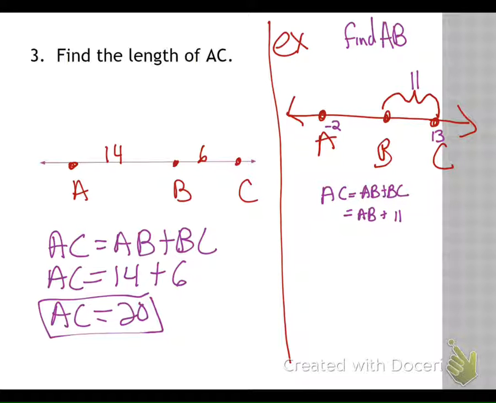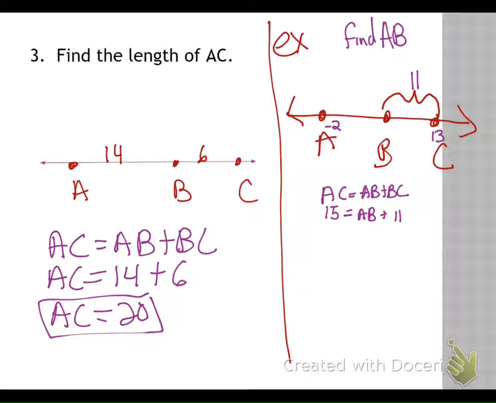So 3, 4, 5, 6, 7, 8, 9, 10, 11, 12, 13, right? So how much is that distance to get to that 13? So how much? 15. So yep, from 0, somewhere in here we have a 0. From 0 to 13, it's going to be 13. From 0 to -2 is 2. When we combine those, we do get the 15, just like she said.